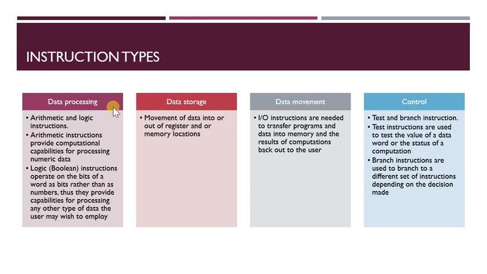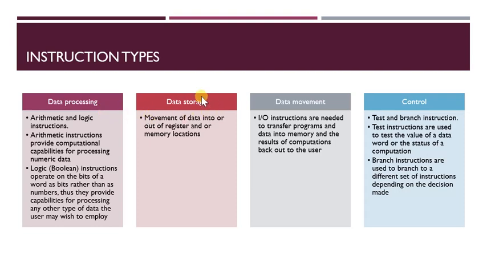So basically these are the instruction types. We can do data processing, data storage, data movement, and we can also do control. Data processing is very much the arithmetic and logic instructions: you do addition, multiplication, and so on.